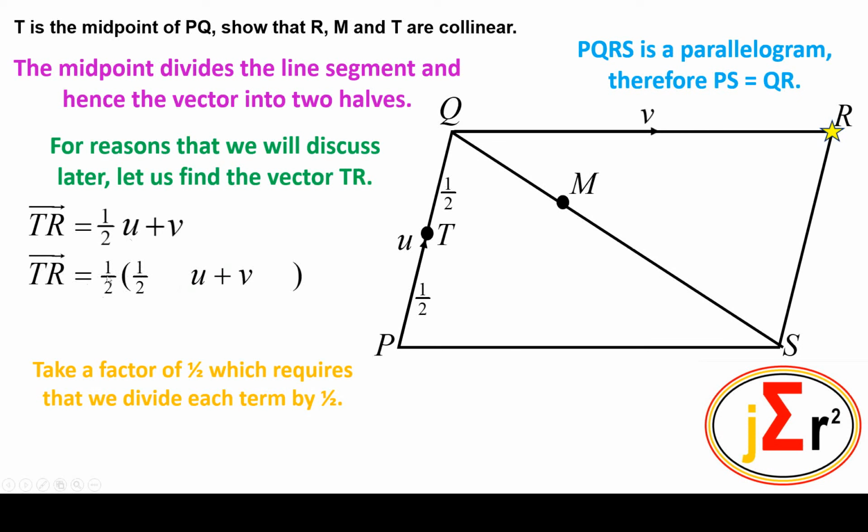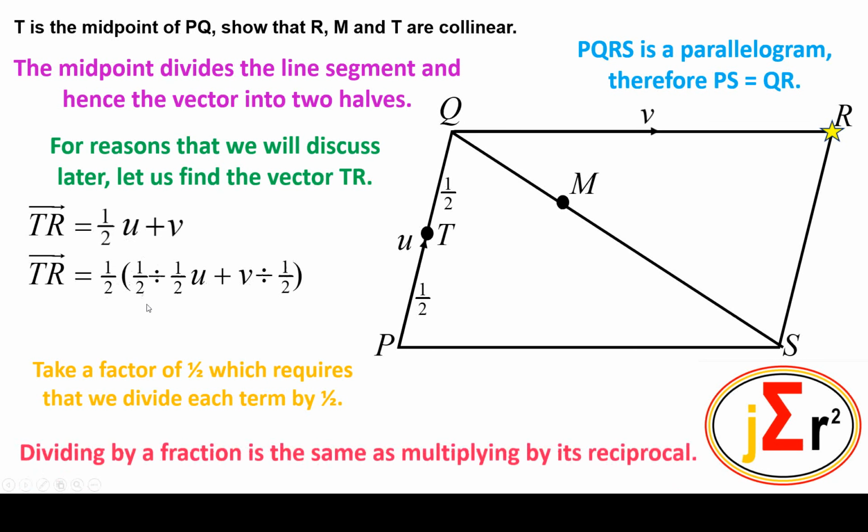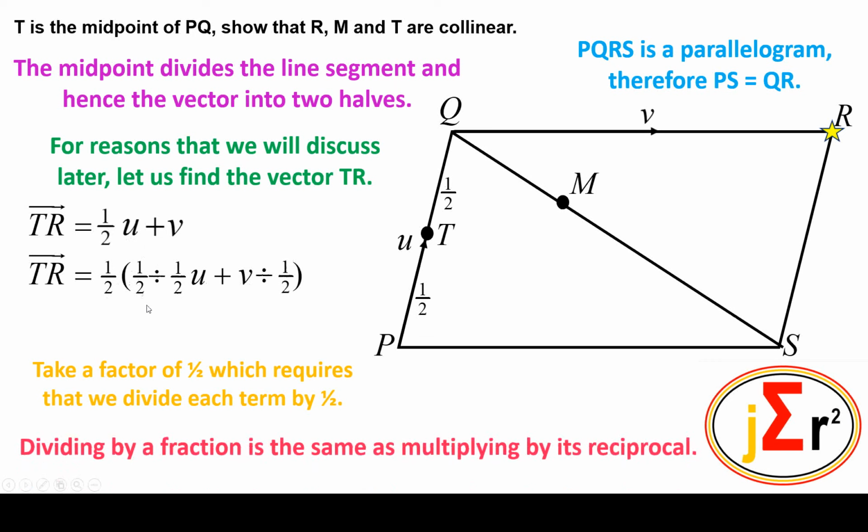So we will have a half as the common factor, and we have a half of U, which we have right here, and we also have V. In order to take a common factor, we will have to divide each of the terms by the common factor, which is a half. Also, dividing by a half is the same as multiplying by its reciprocal.